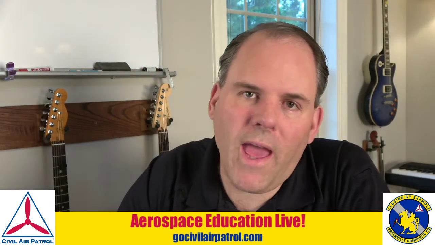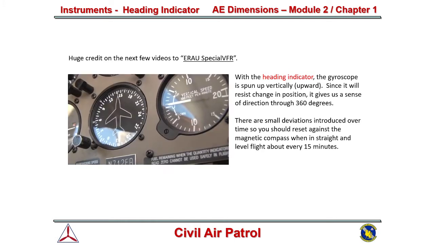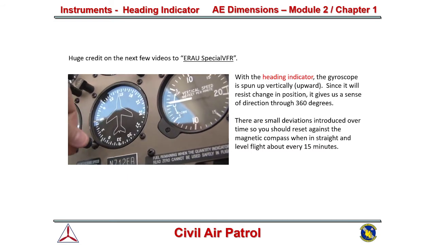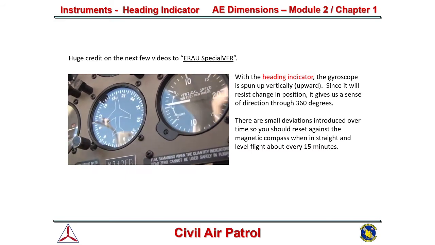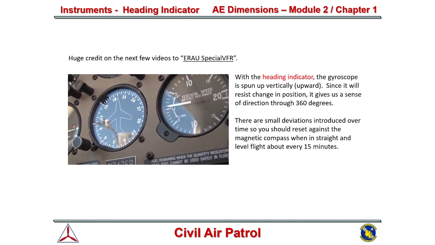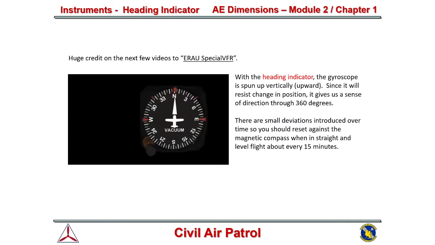Once we have that, we can use it to very accurately keep track of the direction that we are heading. Now, it's not a perfect device. There are small deviations that are introduced over time. So if you were to fly, say, 2 or 3 hours with this on an older instrument, it would probably be telling you you're going in a different direction than you're really going.